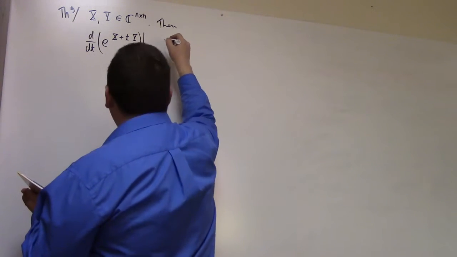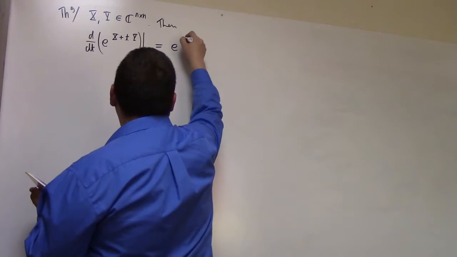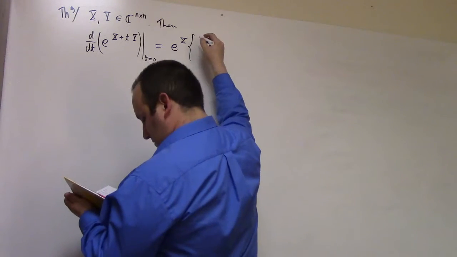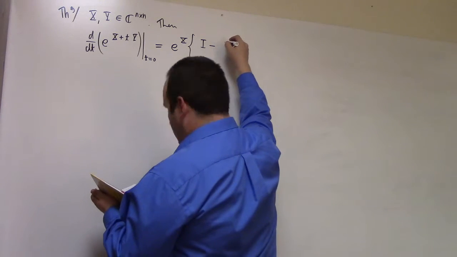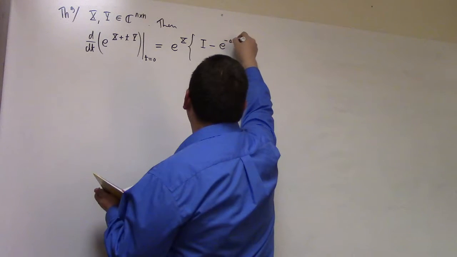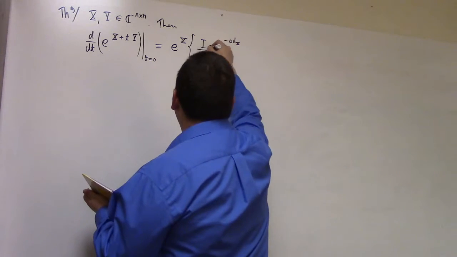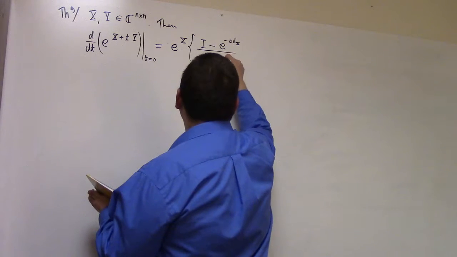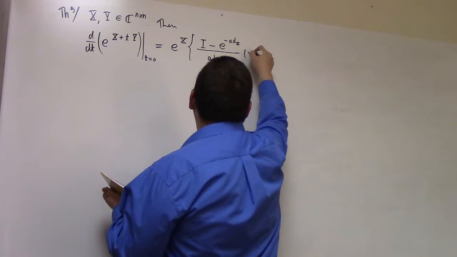That is in fact the same as calculating e to the x times (I minus the exponential of minus the adjoint of x, little adjoint, divided by ad x) applied to y.